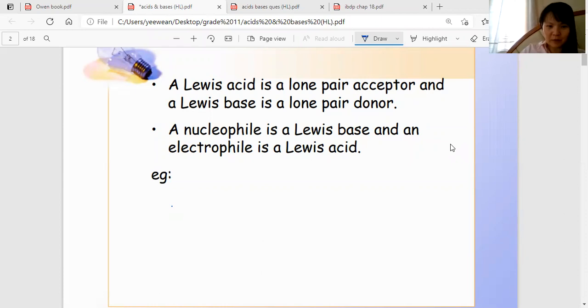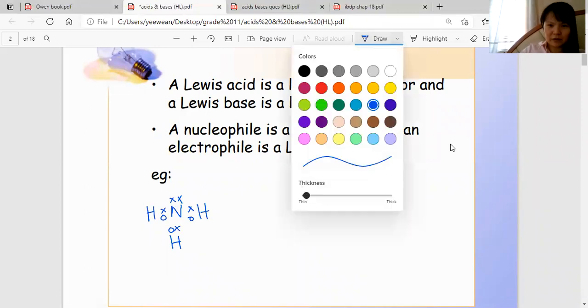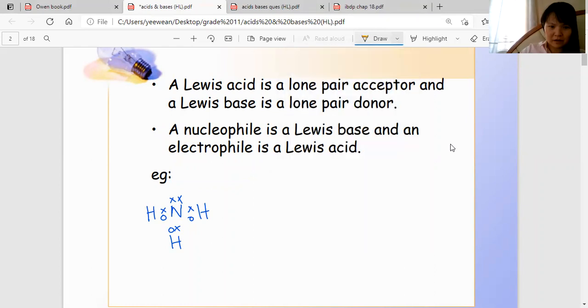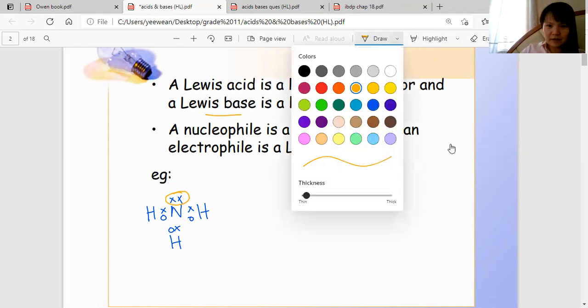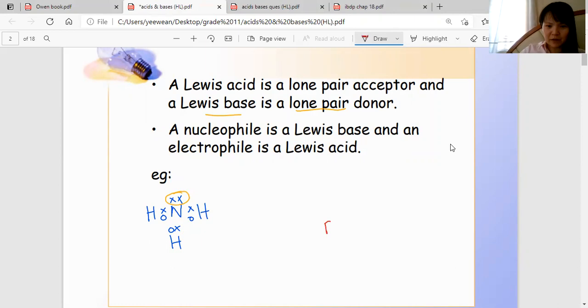So for example, ammonia. There's a lone pair of electrons here. Therefore, it can donate a lone pair of electrons. It's a Lewis base. Okay, for acid, say BF3.